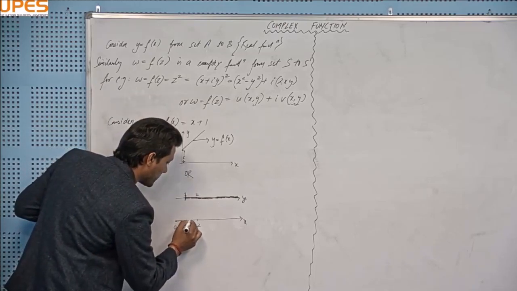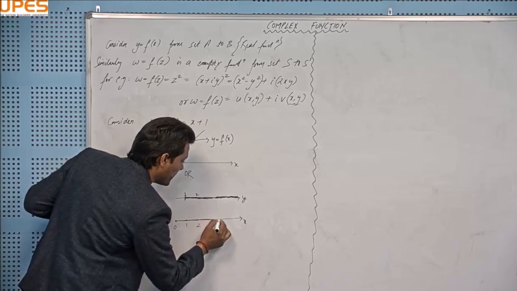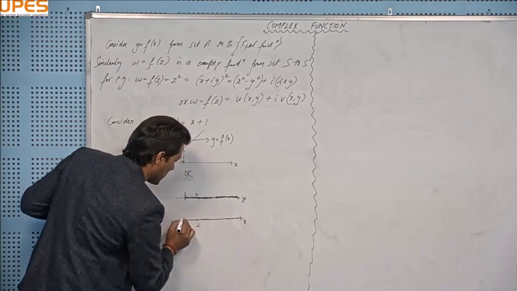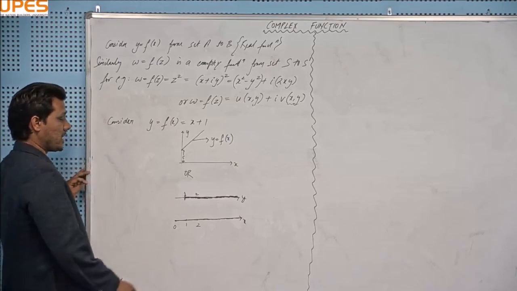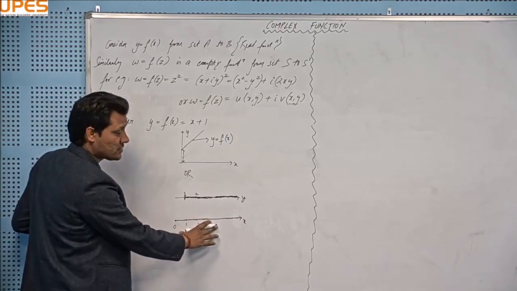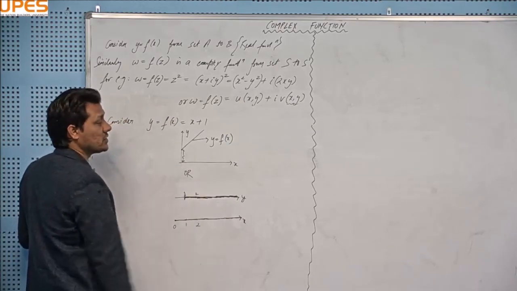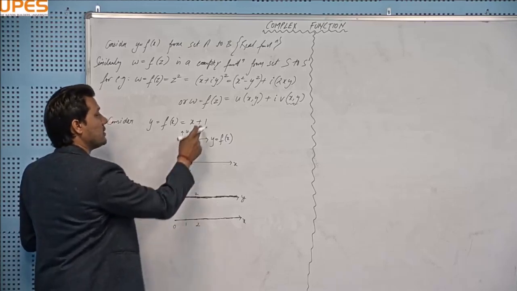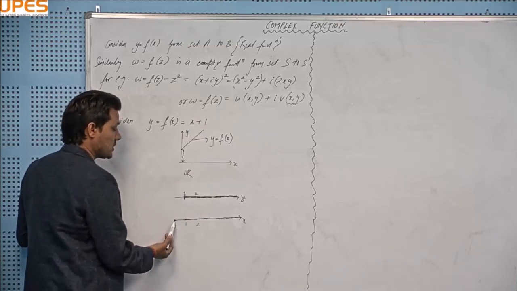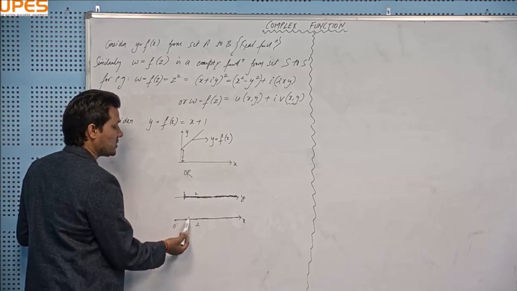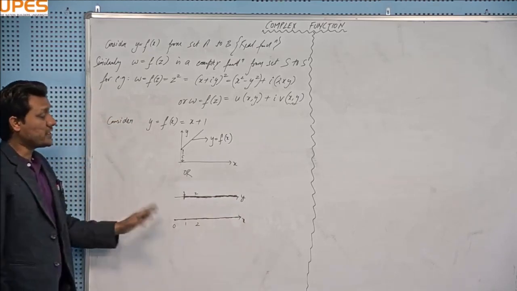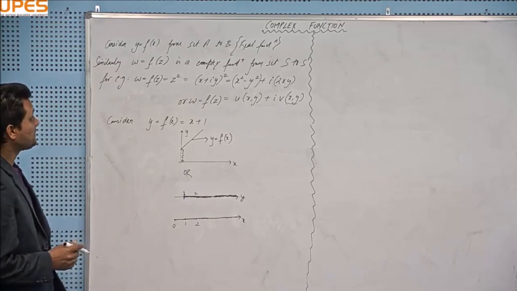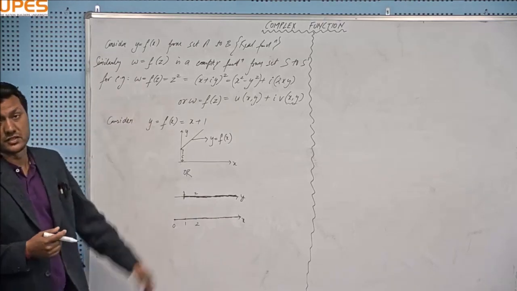This is your domain, right, and this is your image, and you can see that every point of the x-axis gets shifted to the right by 1 unit. Meaning 0 gets shifted to 1, 1 gets shifted to 2, and so on for all the intermediate points, right? So this is the idea behind the drawing of a complex function, right?